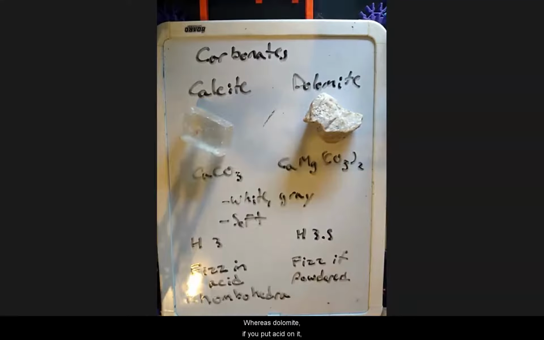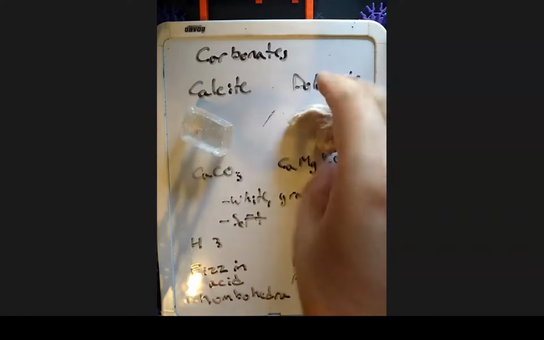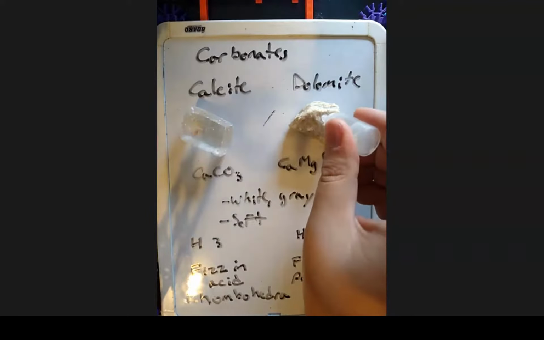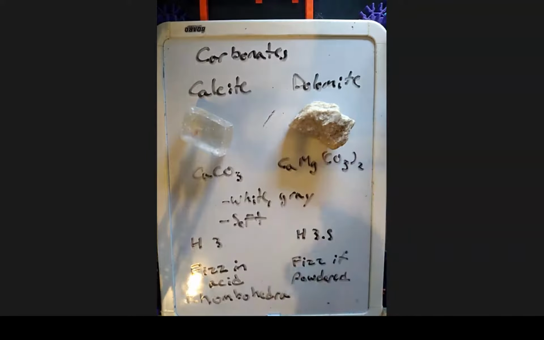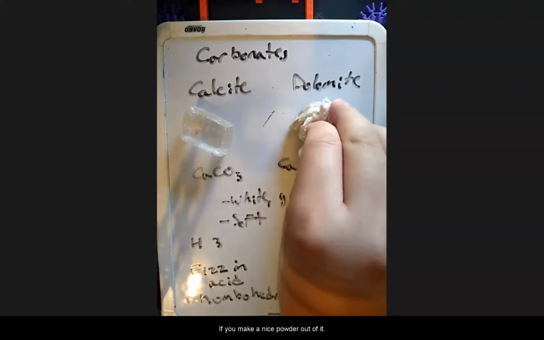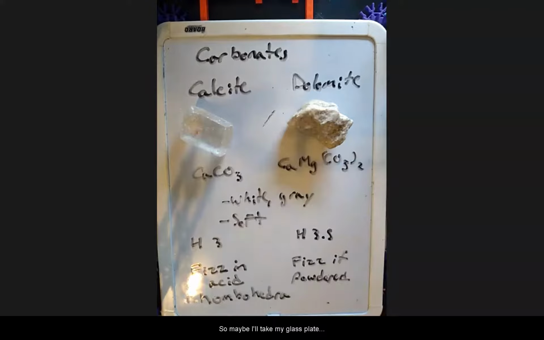Whereas dolomite, if you put acid on it, it's not going to fizz. So, put a drop there, bigger drop, nothing's happening. You can, however, get dolomite to fizz if you scratch it up, if you make a nice powder out of it. So maybe I'll take my glass plate.